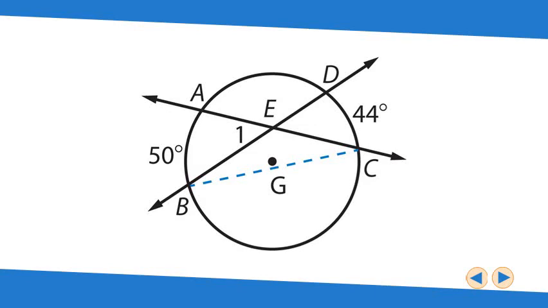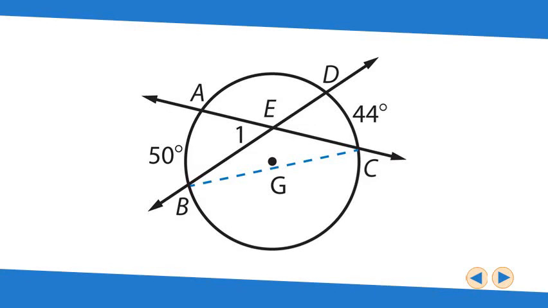So ACB or ECB has to be 25 degrees. And angle DBC is another inscribed angle, so it has to be half the value of arc DC. So when I cut those in half, I add them together and I get the value of angle 1, angle AEB. So 25 plus 22.